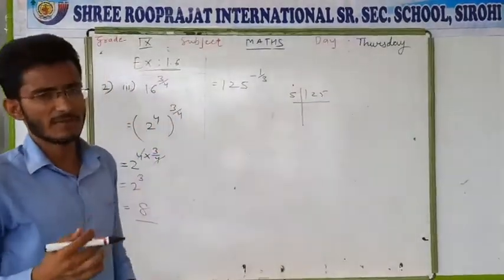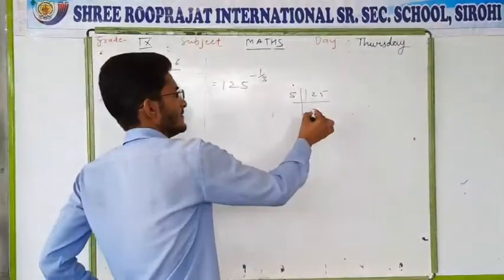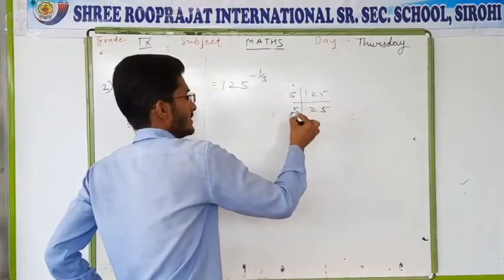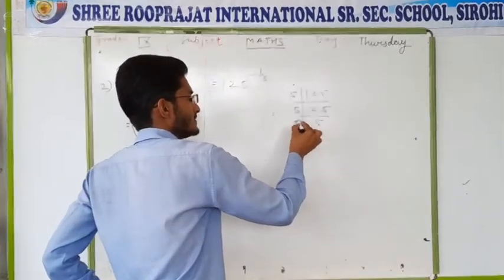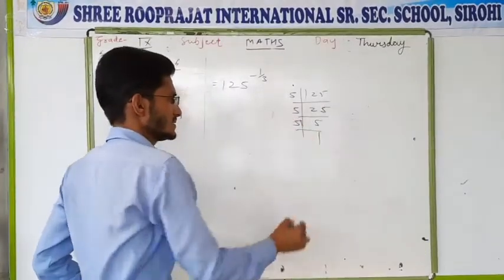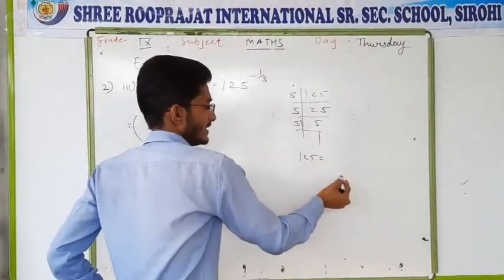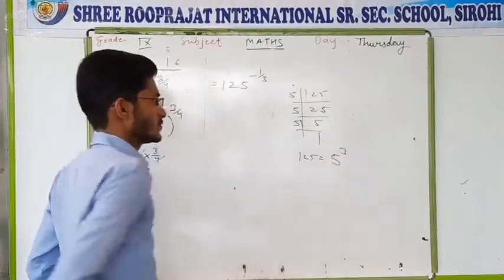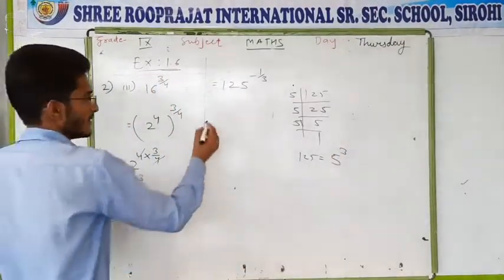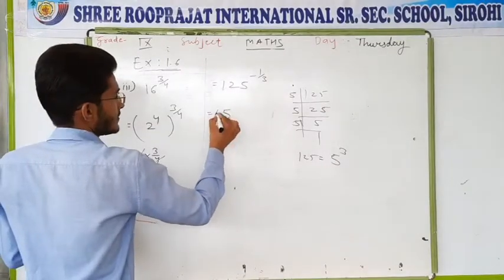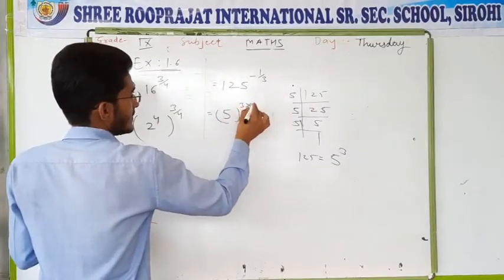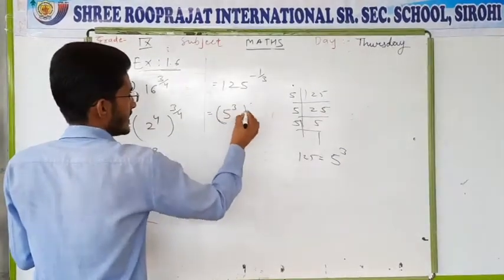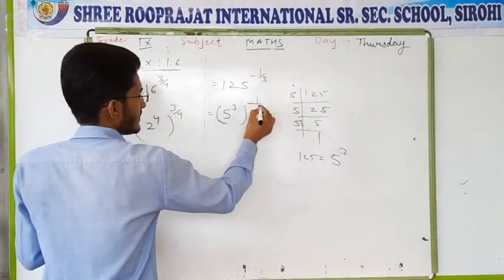You have to use only prime numbers, not 4. 125 divided by 5 gives 25, 25 divided by 5 gives 5, and 5 divided by 5 gives 1. So we used 5 three times, that means 5 to the power 3. So in place of 125, we can write 5 to the power 3, and the power is again minus 1 by 3.